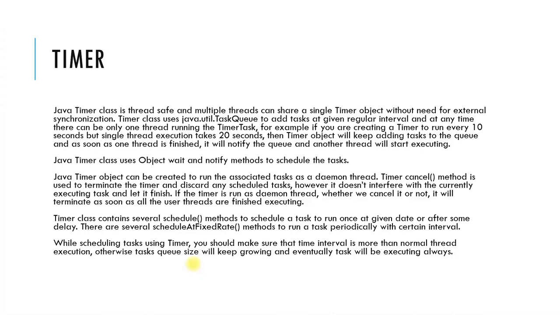For example, if you create a timer to run every 10 seconds, but a single thread execution takes 20 seconds, then the timer object will keep adding tasks to the queue, and as soon as one thread is finished, it will notify the queue and the next thread will start executing.